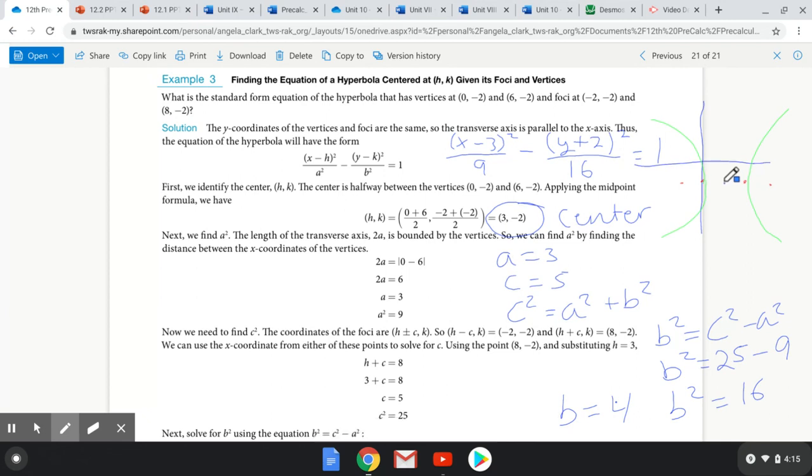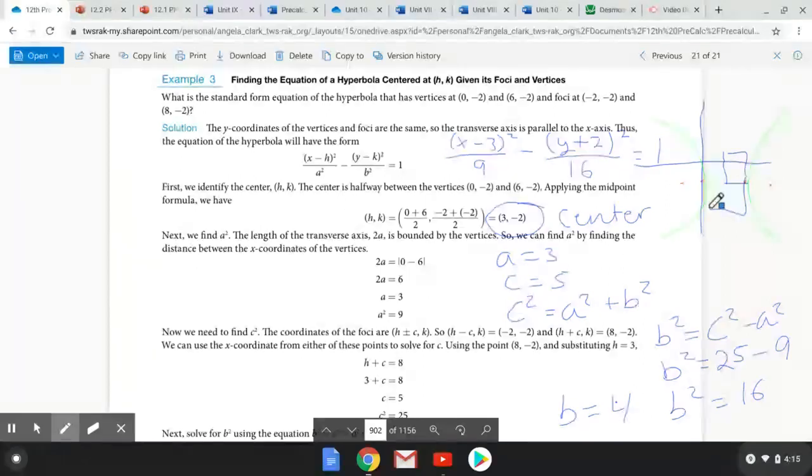So a, right, is this distance. b is this distance. And our asymptotes would go through this box. So asymptote. This is a rough sketch. If you were actually graphing this, it'd be way more detailed. That's supposed to go through the corner, but you get the point. So the asymptotes would be y equals always plus or minus, in this case, b over a, right?